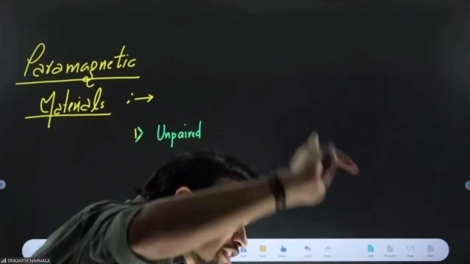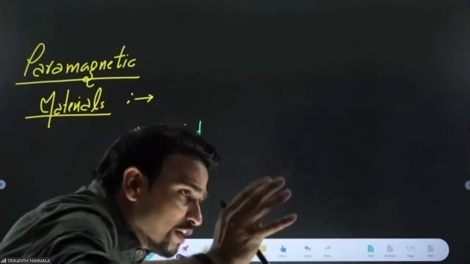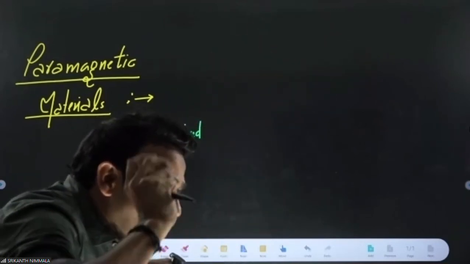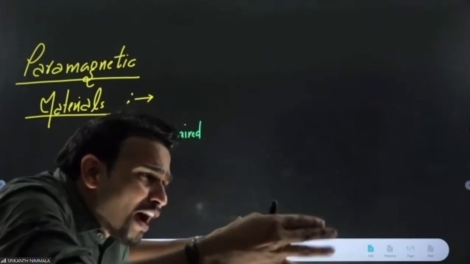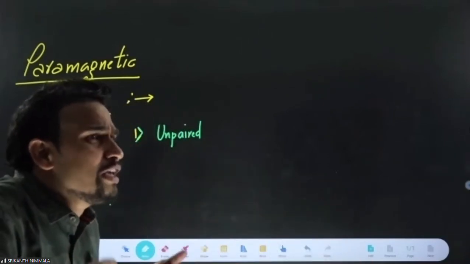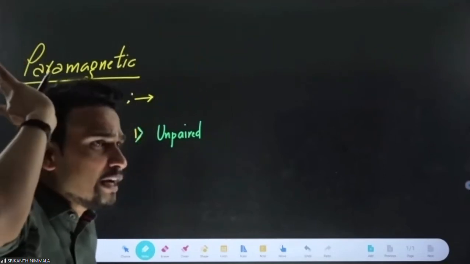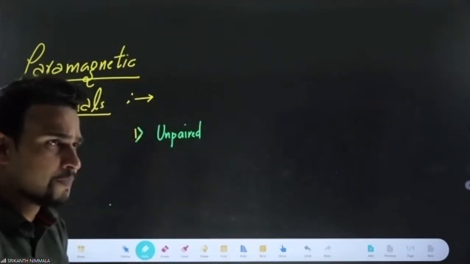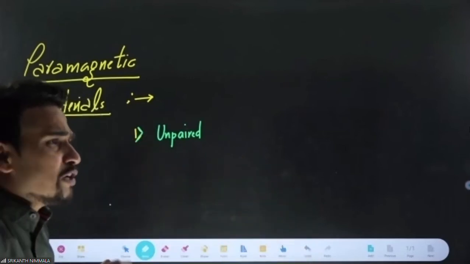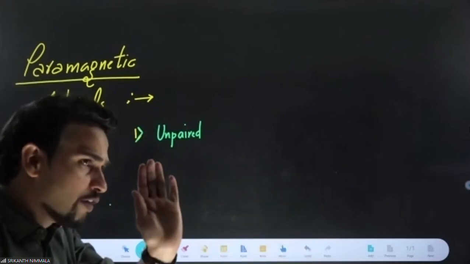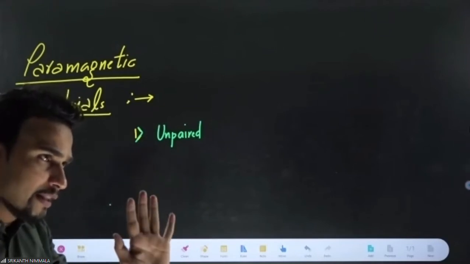For large values, we have ferromagnetic material. So the net magnetic field is more. Since the induced field is in the same direction as applied, they suffer weak attraction. Strong attraction will come for ferromagnetic material. So they will always try to move towards the stronger magnetic field to get more attraction. Everyone understood till now?